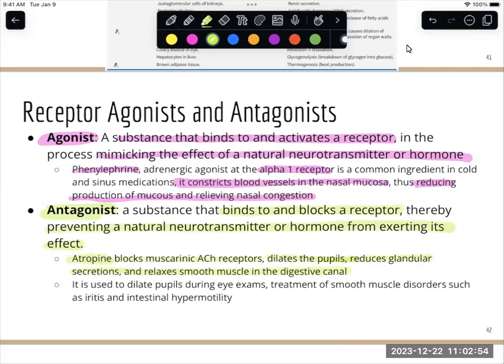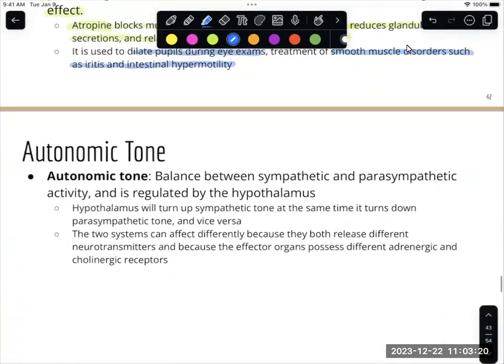So whenever you go to get your eyes checked and they dilate your pupils, they're going to use atropine. They can use it to treat smooth muscle disorders such as iritis or intestinal hypermotility. So these are just some ways we can actually treat some of these autonomic functions.